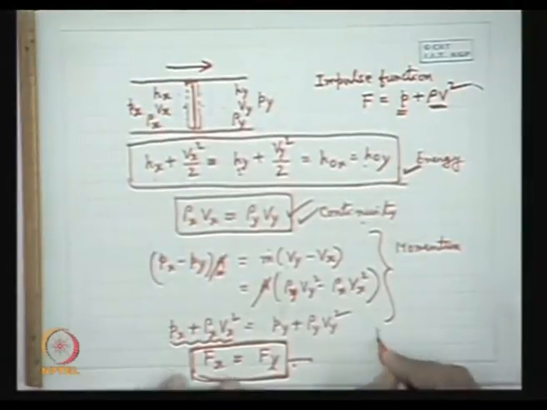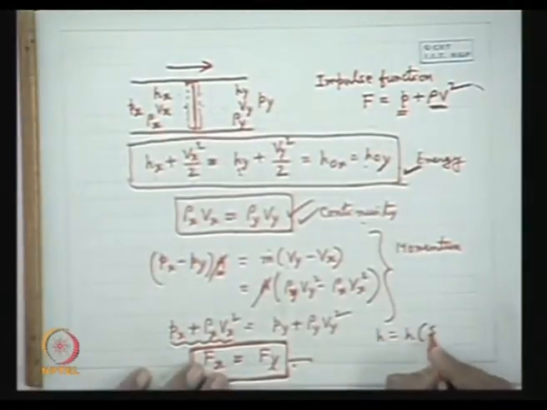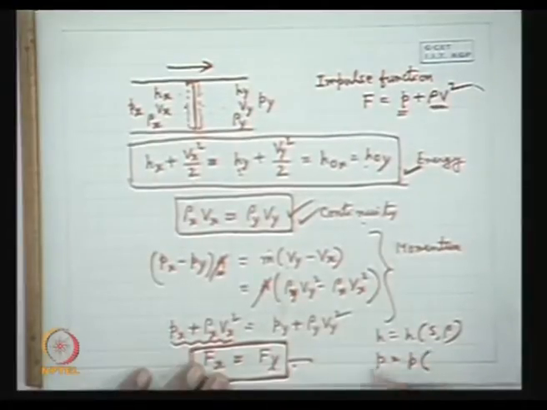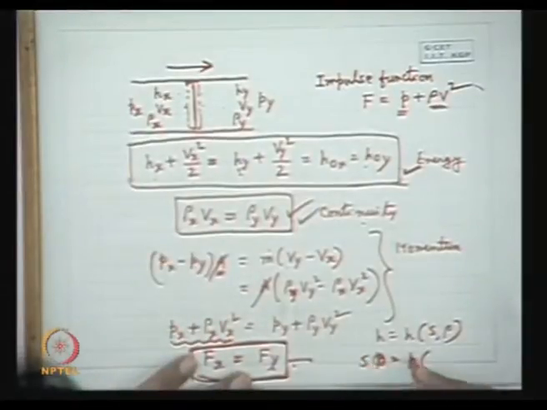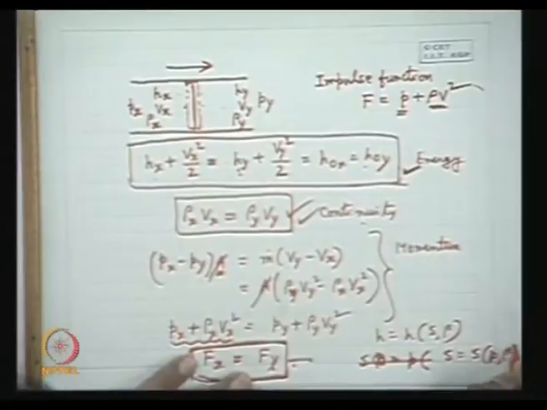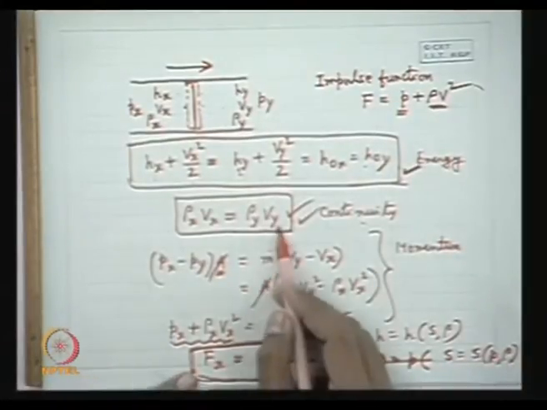That means h is a function of s and rho, or s is a function of p and rho. That is the thermodynamic equation of state, the equation of motion and continuity.